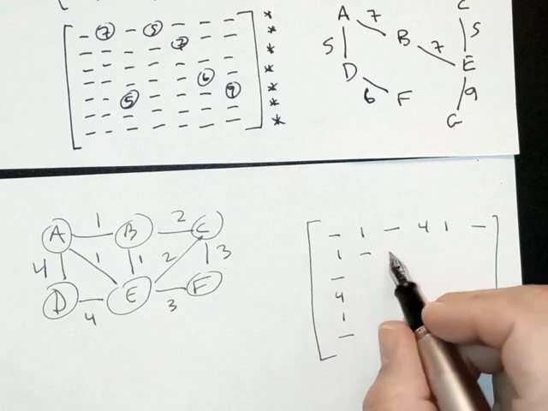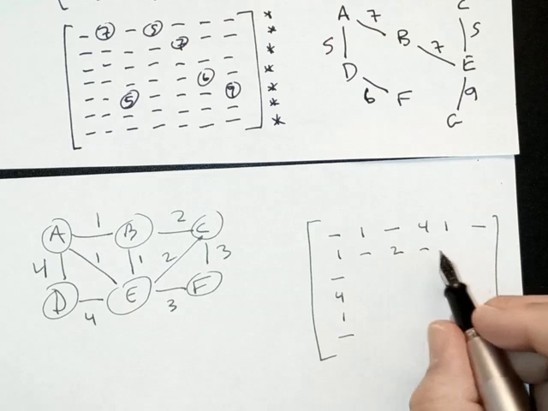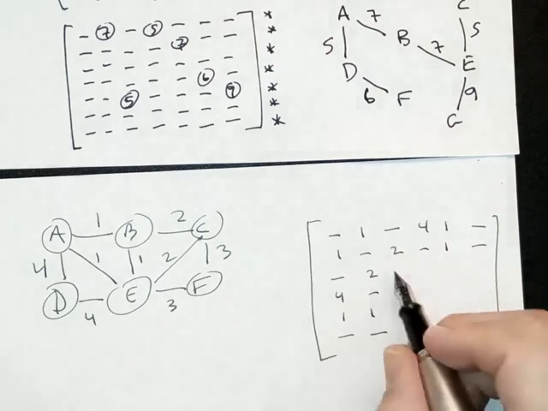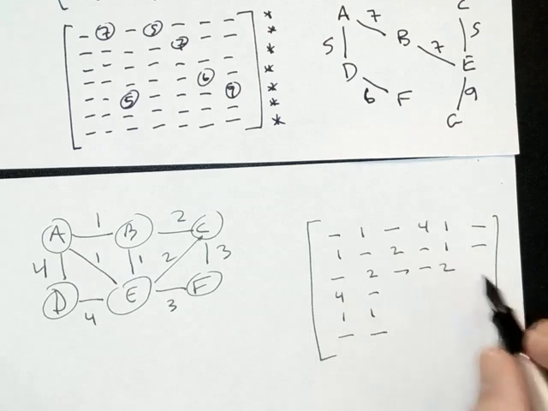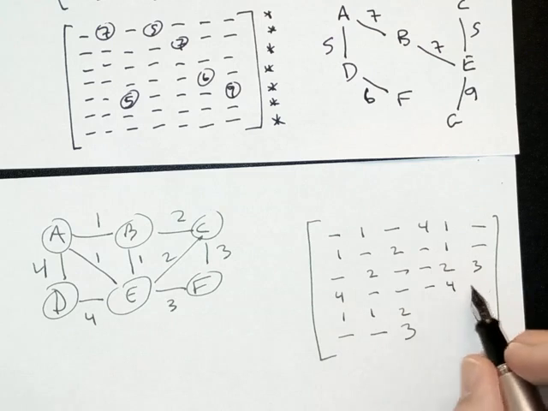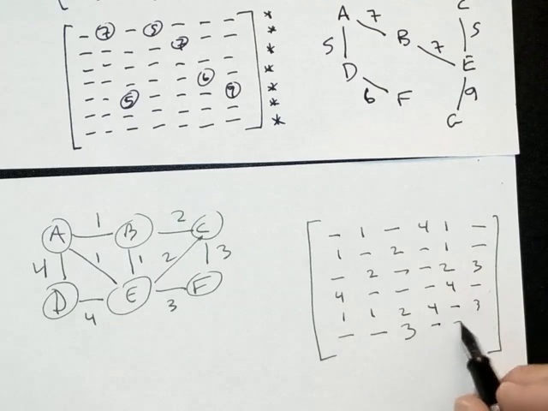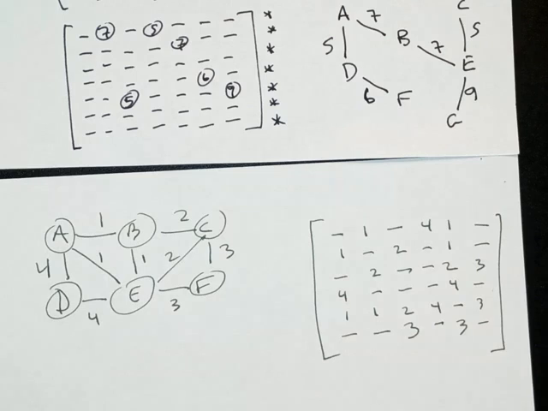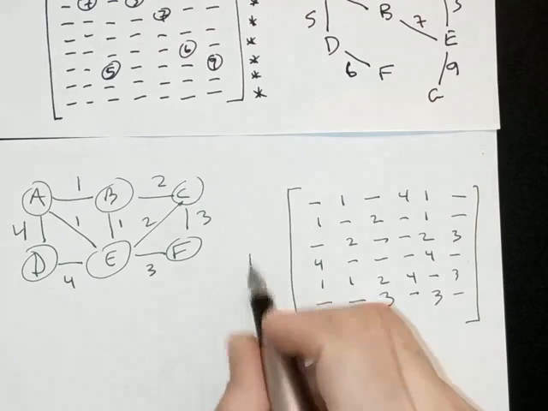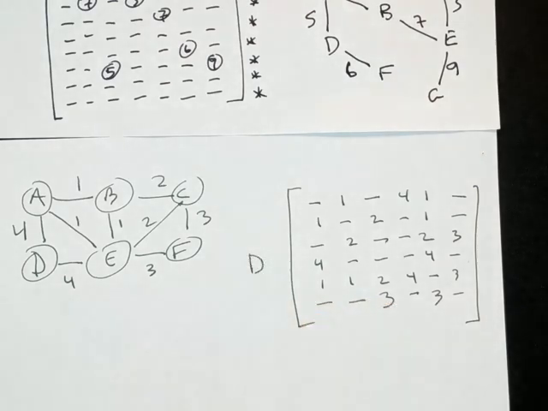B to B, B to C, B to D, B to E, B to F. C to D. So here is my starting matrix, my distance matrix, D. How many times am I going to go through my loop? Because I am getting a minimum spanning tree on 6 vertices. Tree has to have n minus 1 edges.